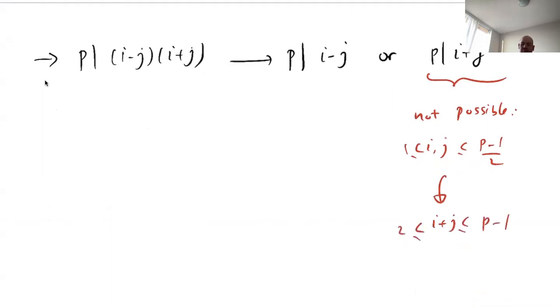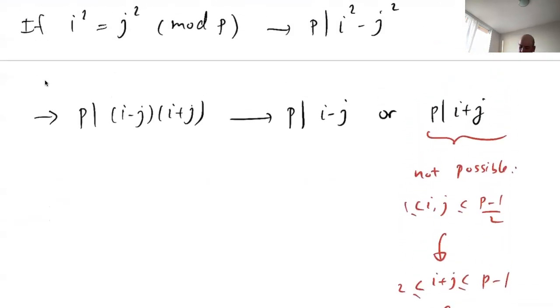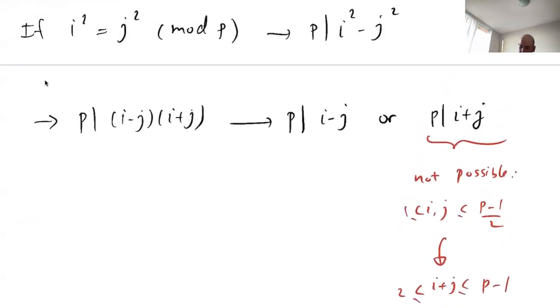And none of the numbers between 2 and p minus 1 are divisible by p, right? If p is prime, then 0 is divisible by p, and then the next number divisible by p is p itself, and then 2p, and then 3p. So no number between 2 and p minus 1 is divisible by p. So that means p does not divide i plus j. So I am left with the possibility that p divides i minus j.